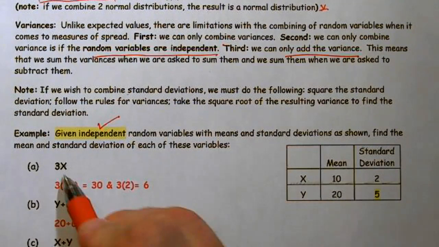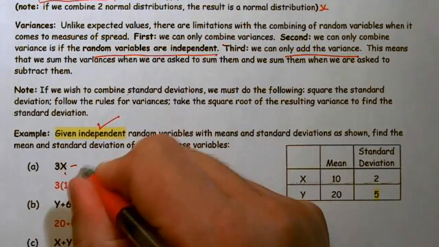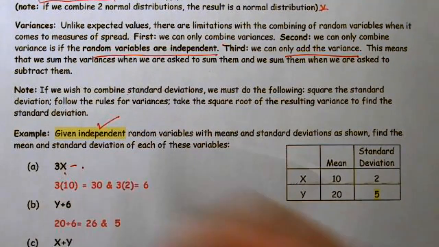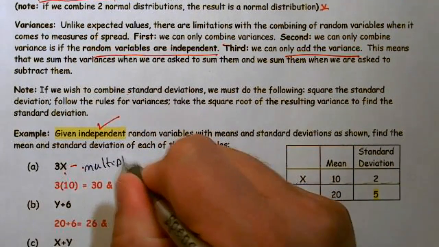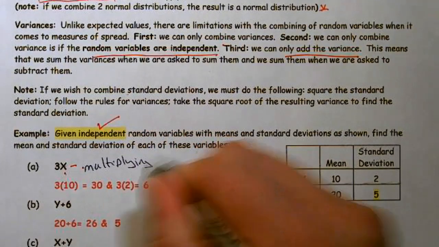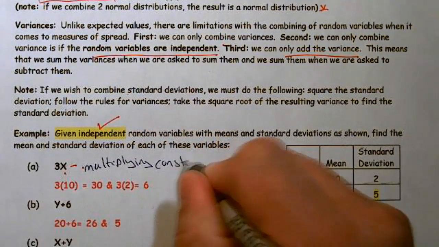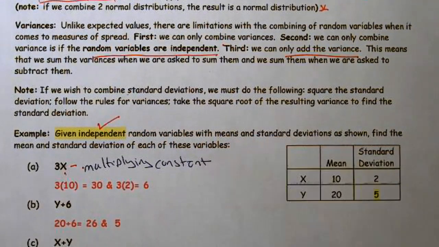Well, this is like 3x. This is just multiplying by a constant. Well, that's good because I can multiply by a constant all day long. That's basically the same rules that we applied earlier on transforming in the previous video.